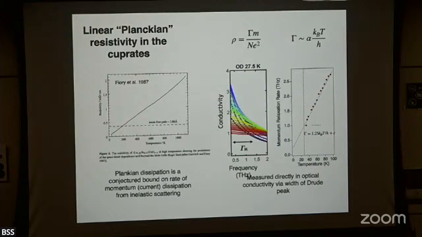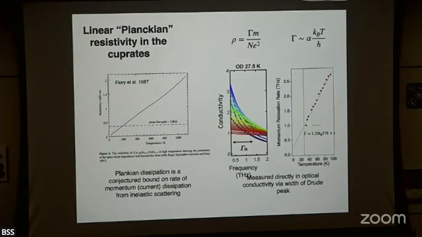We might use the language of non-interacting electrons, but I have to emphasize this to referees all the time, that they'll say, oh, you measured the width of this feature, but you don't know it's a non-Fermi liquid, blah, blah, blah. It has a physical significance. It's the rate that current relaxes in the system. If I have a current that's flowing and I take the electric field off, the current will eventually stop flowing. That's the width of this feature here, right?